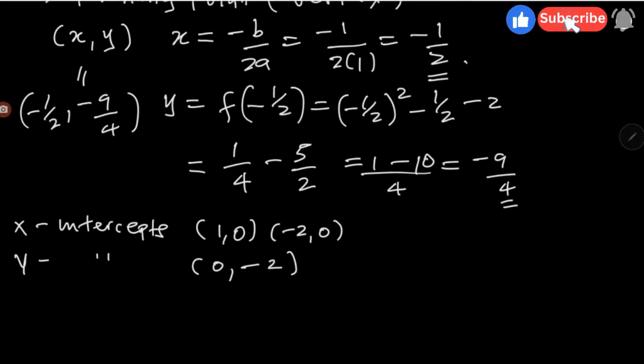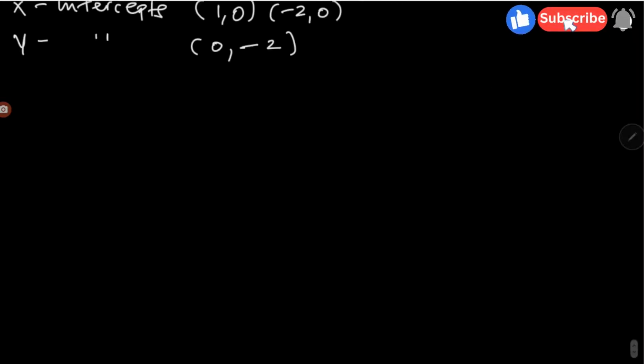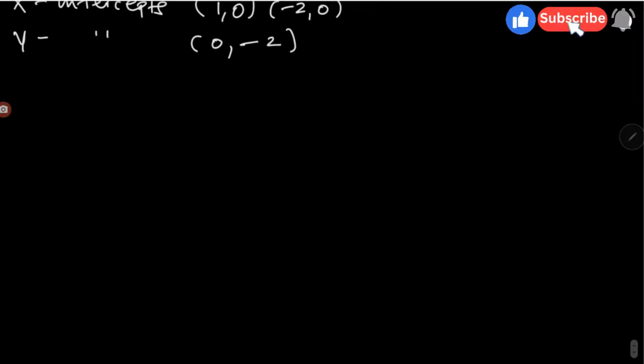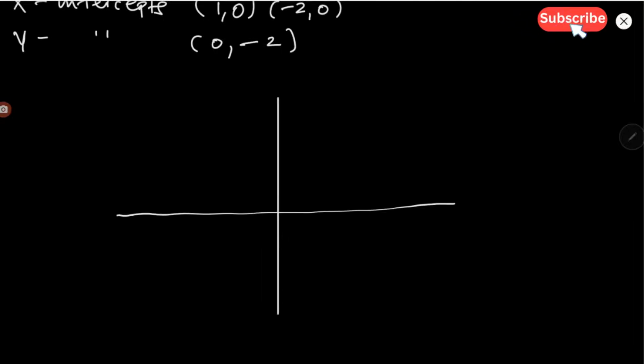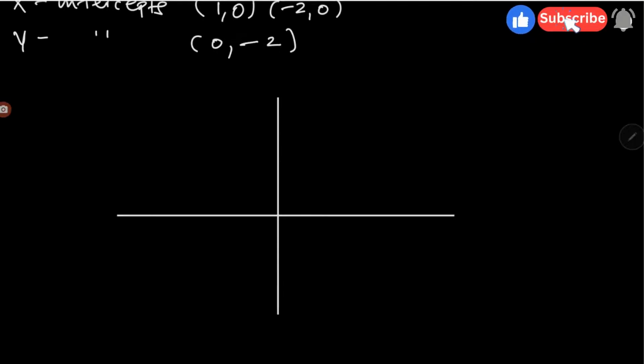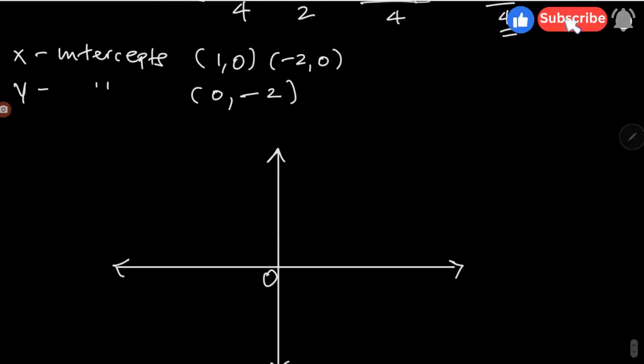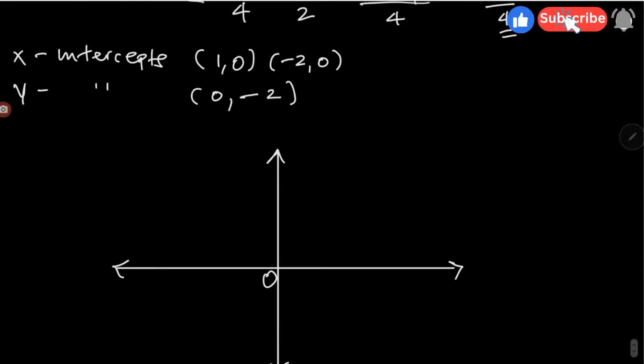So if we now draw our xy plane, we can have our xy plane like that. This is our origin. So we are going to say our x-intercepts are 1, 0 and minus 2, 0.